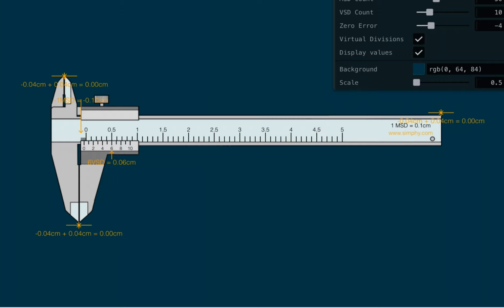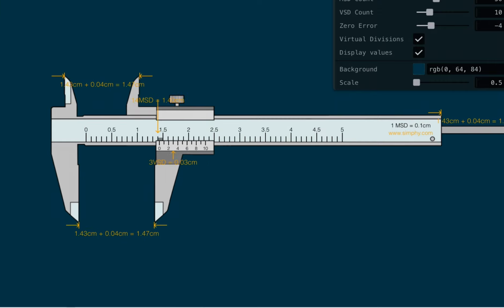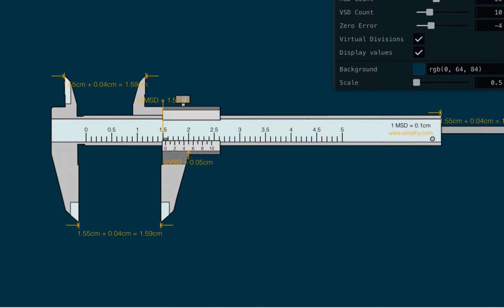I will show you one reading. Suppose any object is kept like this between the lower jaws. We can see the 0 of the vernier scale is to the right of 1.5 on the main scale. 1.5 on the main scale is my main scale reading, and in the diagram the fifth division is coinciding.